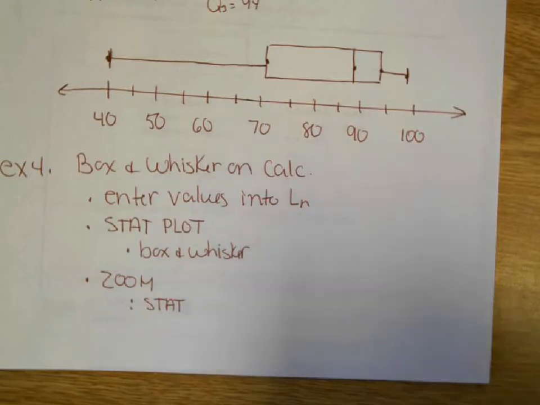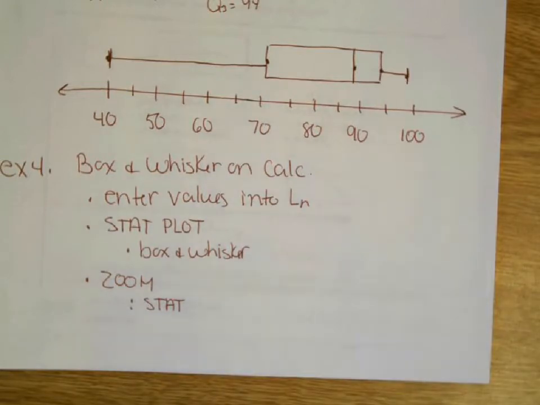Alright, so I spent a lot of time on quartiles, and then the other common fractile that's used are percentiles. When you take your SAT and you get your score back, they're going to tell you what percentile you were in.